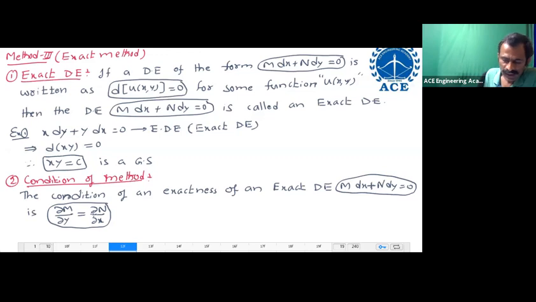Here we have written the exact differential equation definition and the condition of the method. Then we go to the third point, where we read the general solution shortcut method.